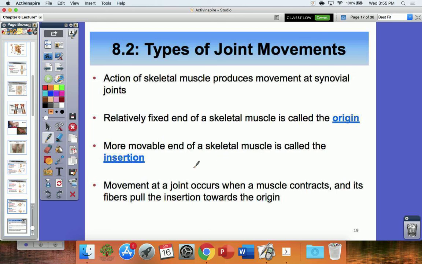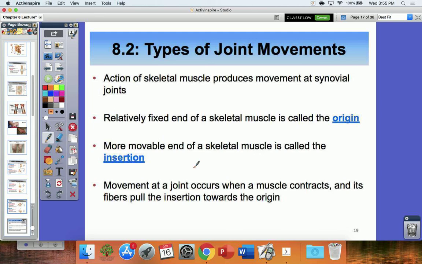terms, origin and insertion, that we'll talk about. These terms will come up again in the muscular system, but the fixed end of a skeletal muscle, or where it starts, is called the origin. So, for instance, the biceps of the arm.